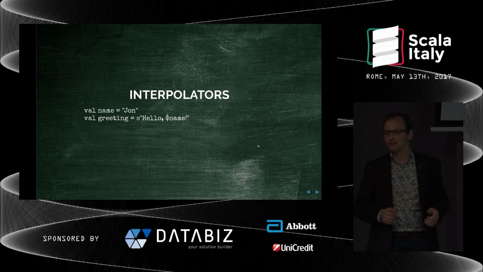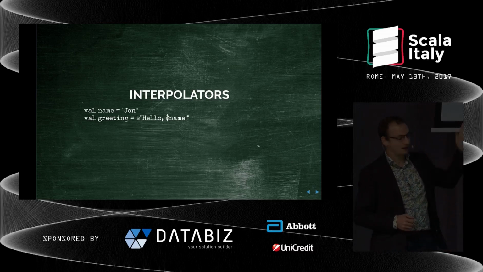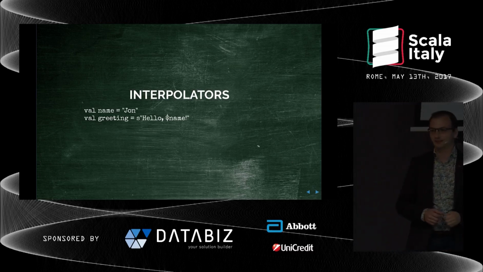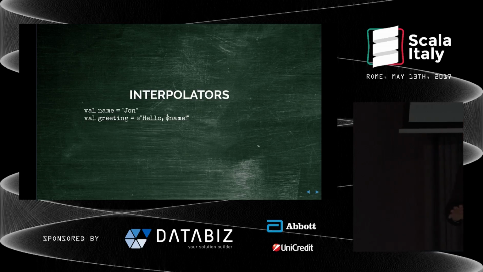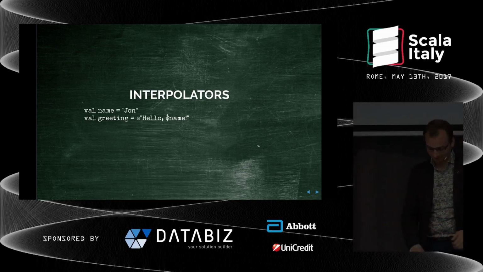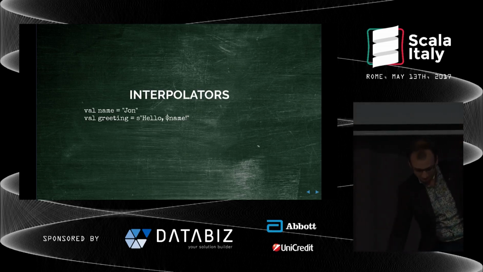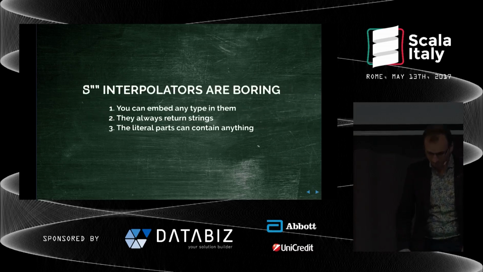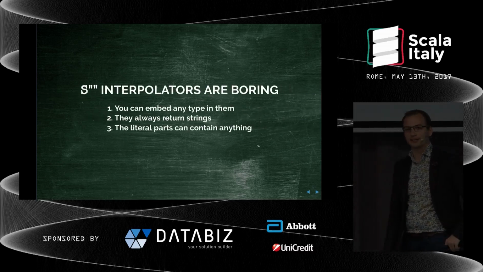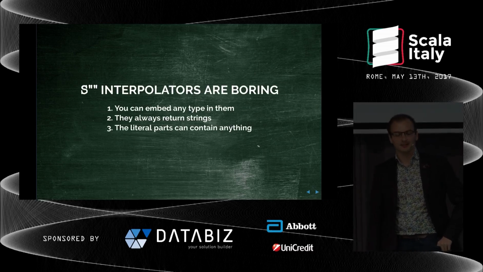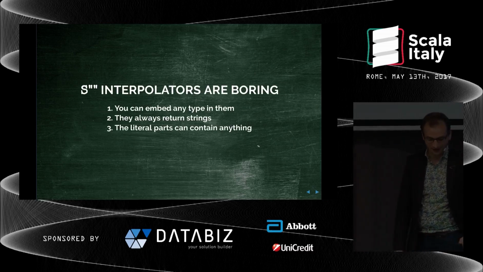Any object you put into there, prefixed by a dollar, gets toString called on it, and it gets put right in the string. So that this becomes "Hello John". Nothing even remotely exciting is happening here. And in fact, I think S interpolators, the ones we probably use most frequently, are actually very boring. There's not a lot that happens in there.